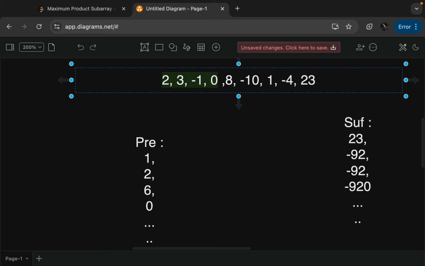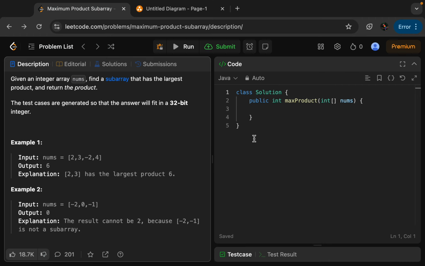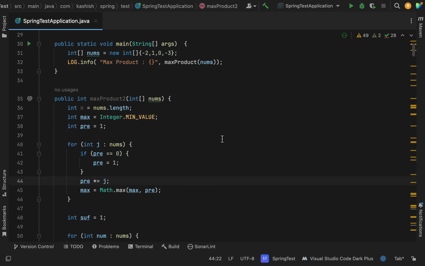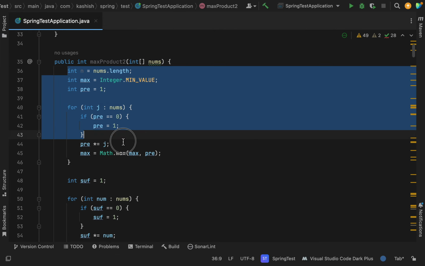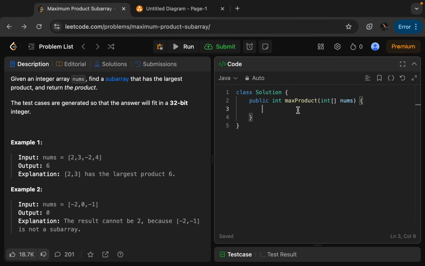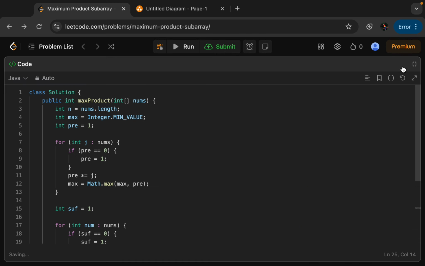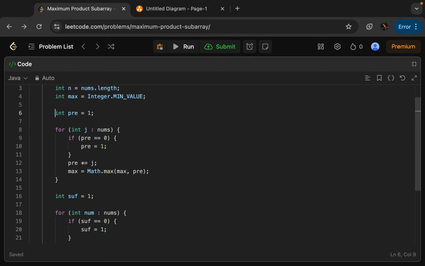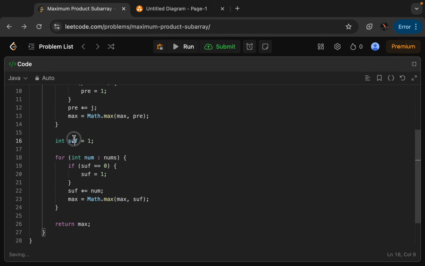Okay, so I have already implemented the solution, so I will just write down the solution here and explain it to you. So this is the solution that we are going with. We find the length of array, we initialize the maximum as integer minimum value. For simplicity, I have divided the calculation of prefix and suffix into two different loops.